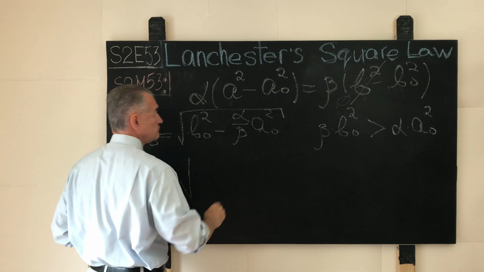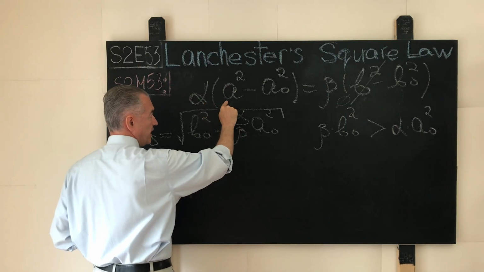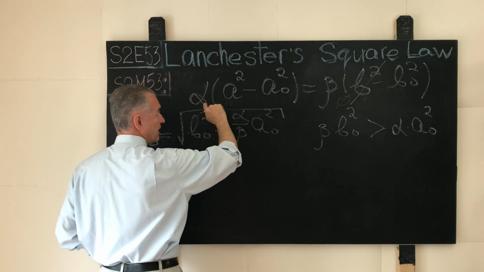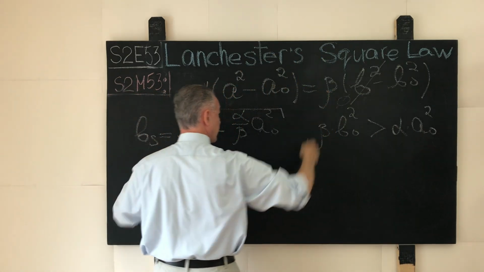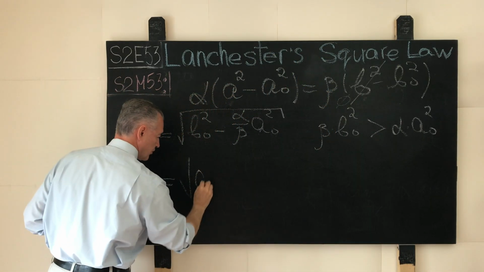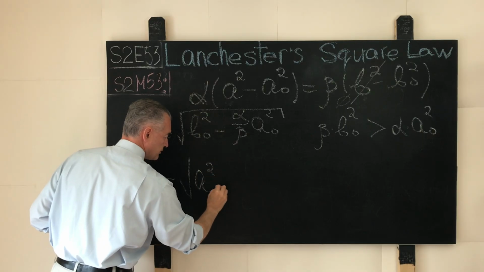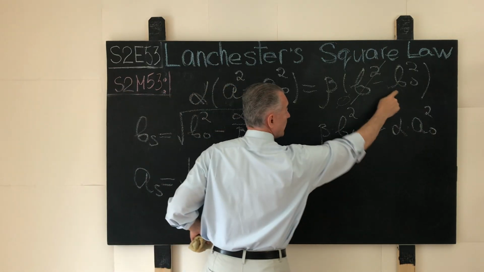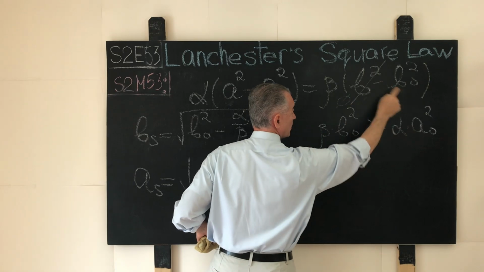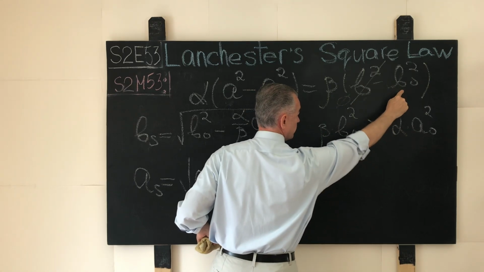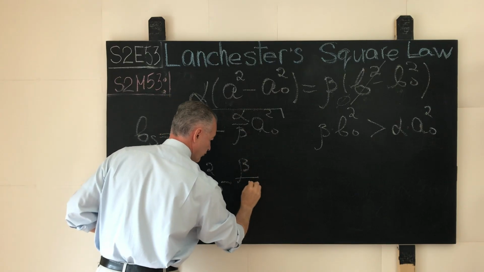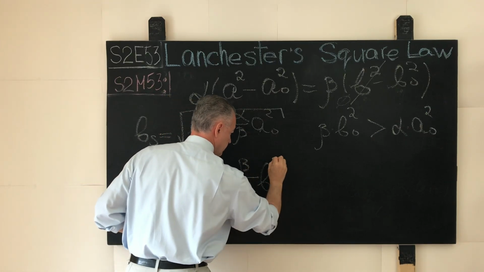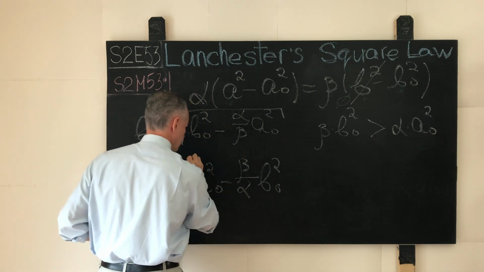Well, it will be alpha A squared minus alpha A 0 squared, flies to the other side, cancel out alpha, so square root of A squared 0 minus, here we will have beta, will couple up with the b squared 0, so we'll have minus beta over alpha, and then b squared 0.